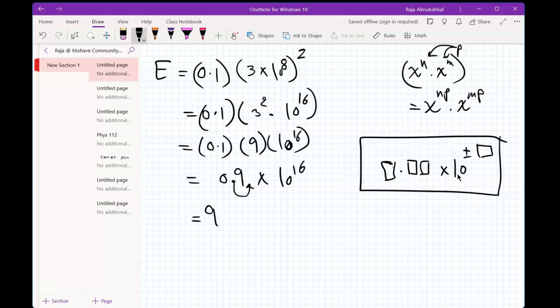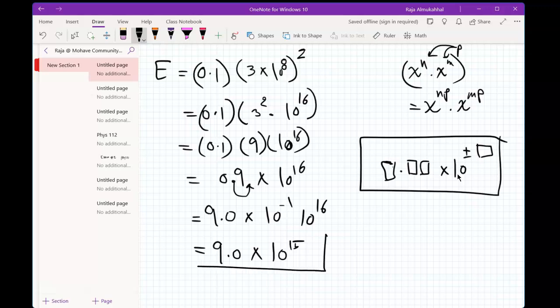So it becomes something like 9.0 times 10 to the, now since I moved it to the right, that's a negative 1. So I can say times 10 to the negative 1 times 10 to the 16. So that will be 9.0 times 10 to the 15. You see what I'm saying? And that'll be the final answer for this formula. Okay? Okay, good.